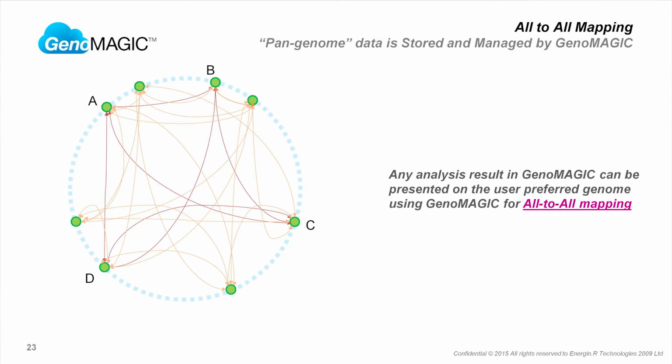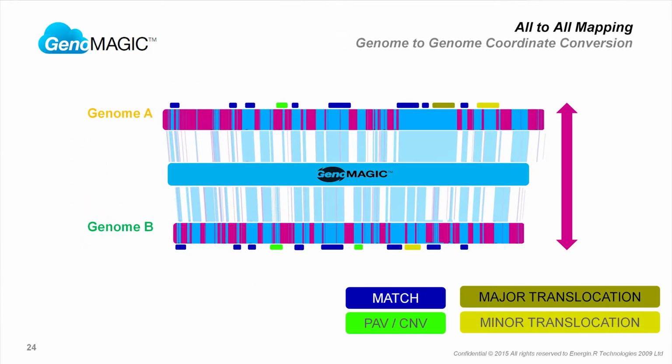So this is the idea of having many genomes. Each green point is a genome, and they are all compared to all. This is something that GenoMagic is now capable of doing. It's part of the GenoMagic Scholar version. So each academic group that licenses this software will have the ability to do this at large scale and in very complex genomes. Okay, what do you get out of it? By comparing genome A to genome B through our mechanism, you first know the exact mapping.